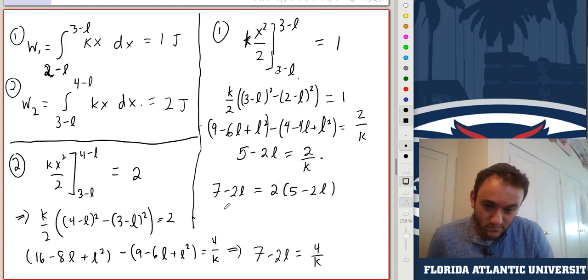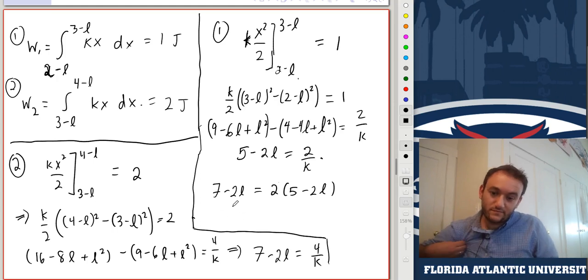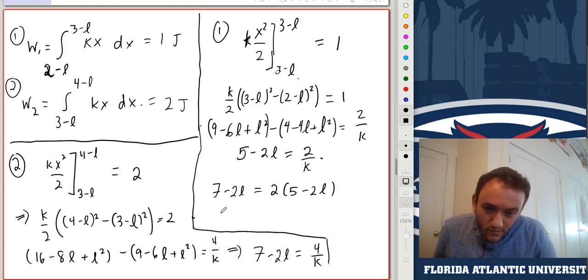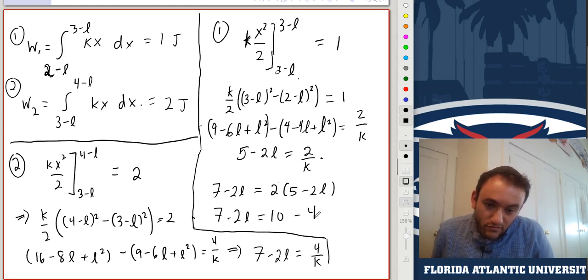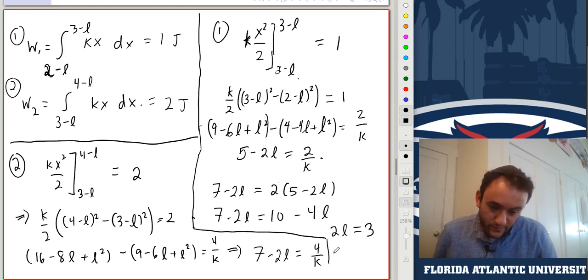Manipulating terms here, we get 7 minus 2L equals, just multiplying out, 10 minus 4L, and that means that 2L equals 3, or L equals 1.5 meters.